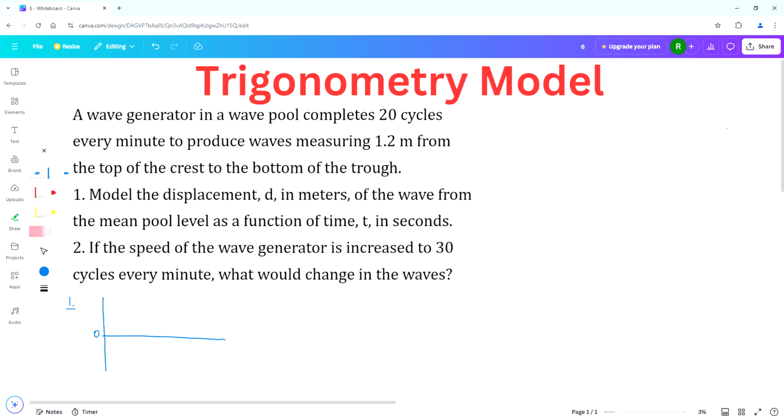That means the amplitude of the waves is 1.2 divided by 2, which is equal to 0.6. So the maximum value for this function is 0.6 and the minimum value is negative 0.6, the bottom of the trough.